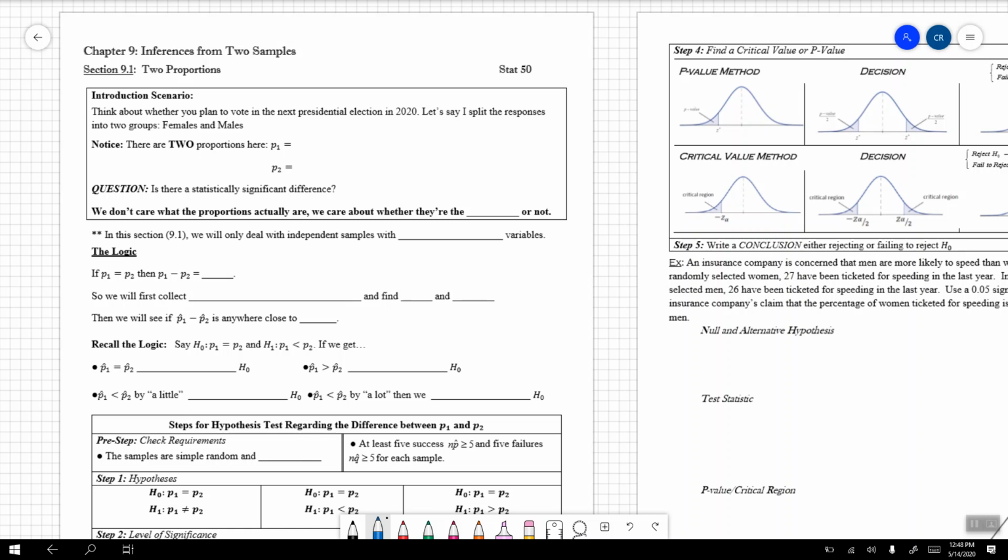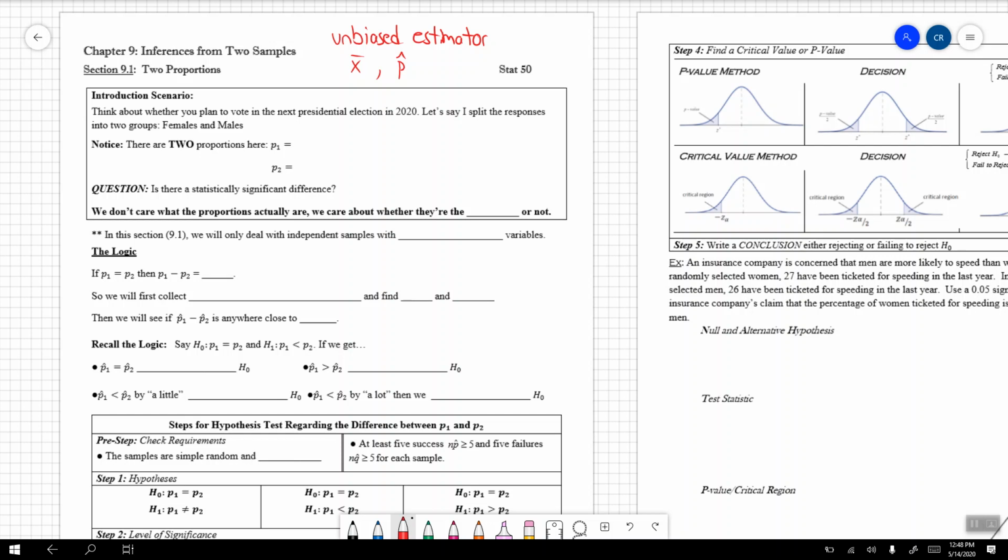Now, again, when we work with chapter 9, we're only going to be working with two types of unbiased estimators. We either deal with the unbiased estimator of x bar, in other words, the sample average that we're going to be observing, or we look at the proportion for the sample that we're looking at.